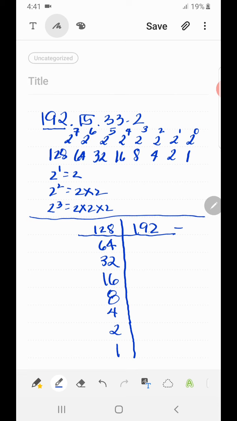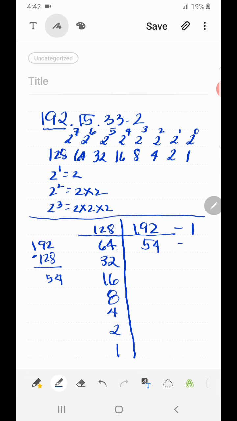Since we have taken that group, we need to subtract 128 from 192. This will give us a value of 64. Then we write 64 here.